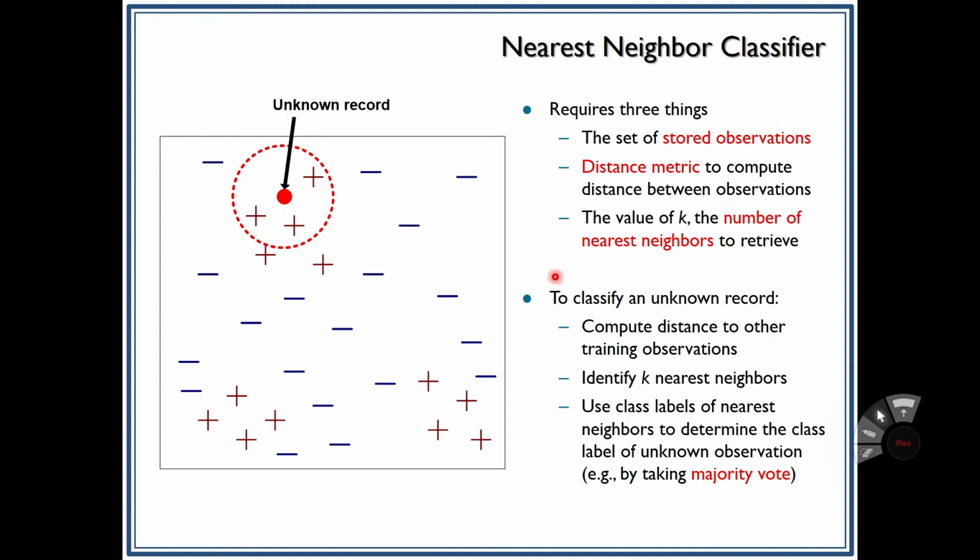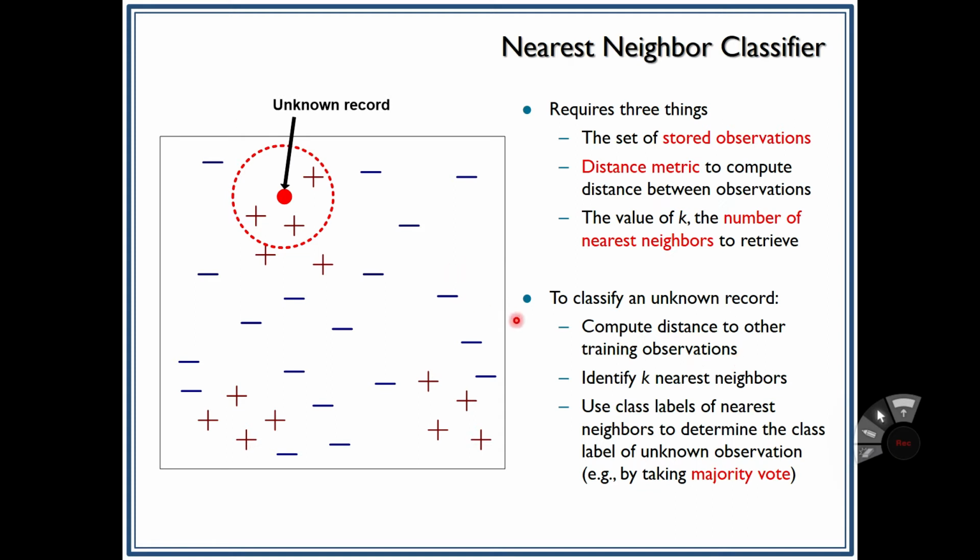Actually, the algorithm of the KNN classification itself is quite simple. This part is everything about the KNN classification. To classify an unknown record or new object, this algorithm first computes the distance to the other training observations.